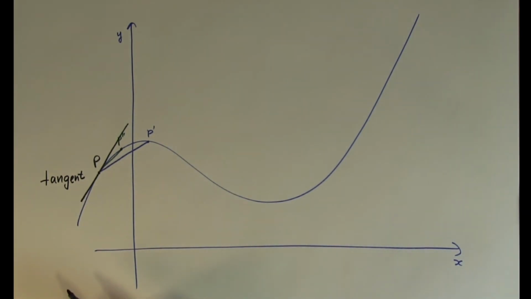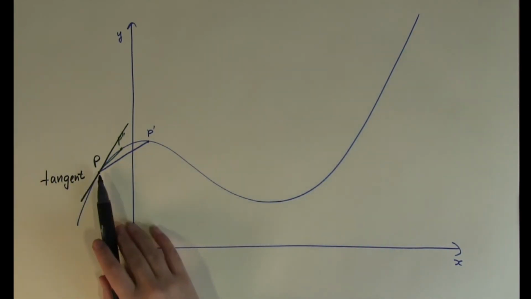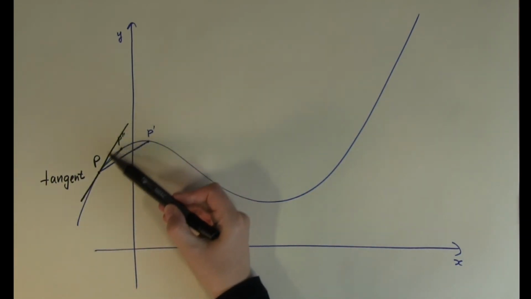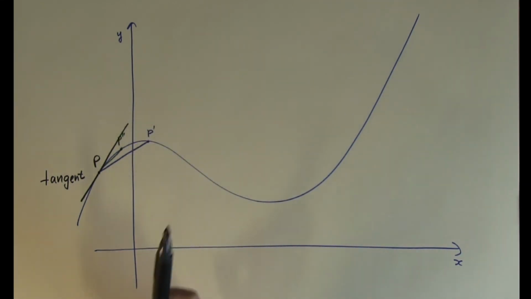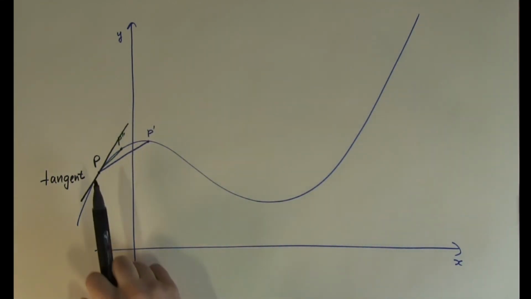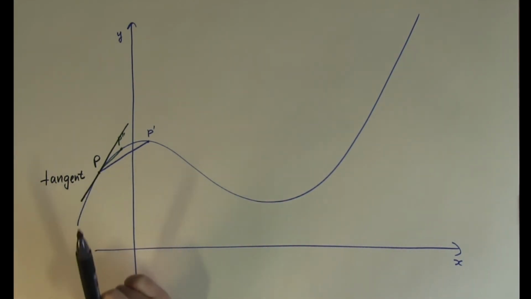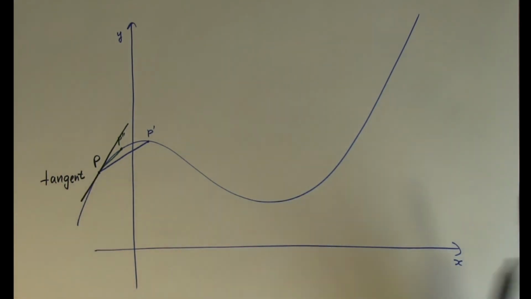And a tangent is a straight line which touches the curve only at one point, nowhere else, just one point. And that is very useful for us because then I can calculate the change of this tangent, and that will describe the change of the function at this particular point. So I've got a concept now to describe the change at one point. But what happens if I look at a different point?